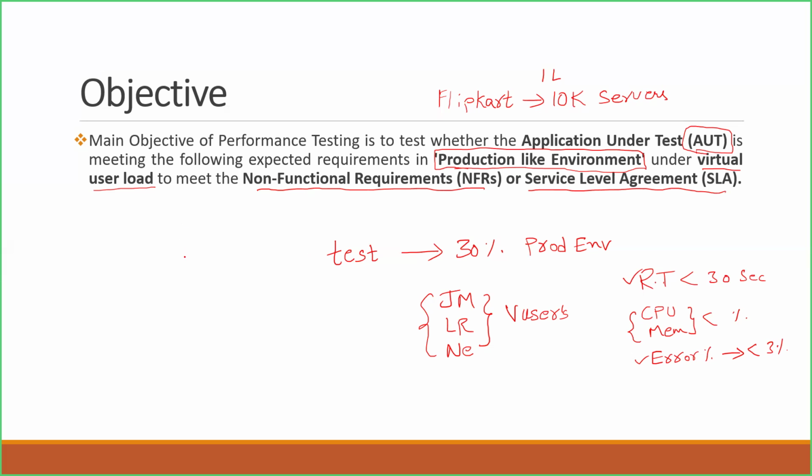Okay. But again, I will take one example of an e-commerce application, let us consider Flipkart. What are we going to do in production testing of the Flipkart application? In production testing, generally we are not going to place the orders.